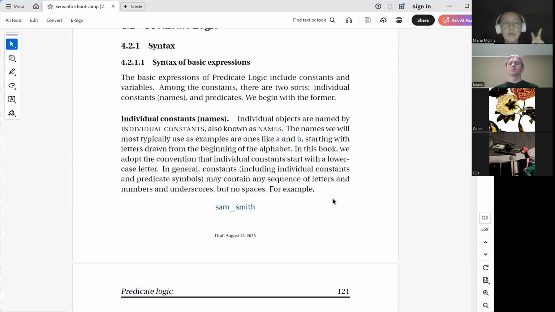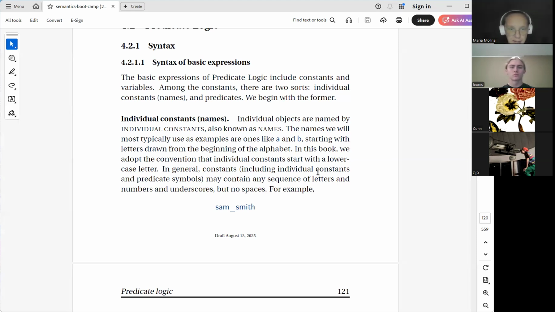First, individual constants, which are names: Alex, Casey, Leonia, Sonia, and predicates: male X, sibling X Y, I don't know, white X. They are predicates.